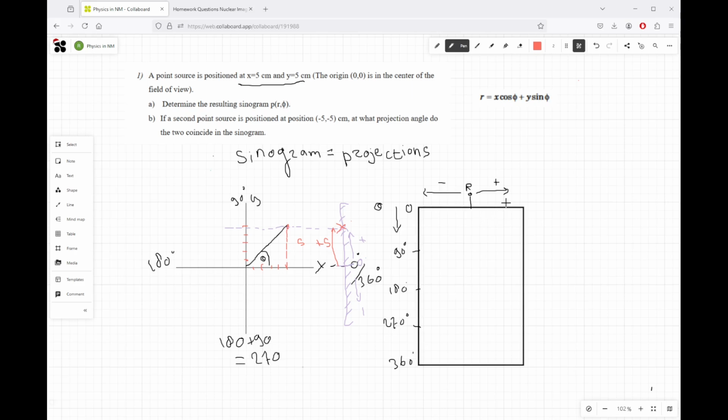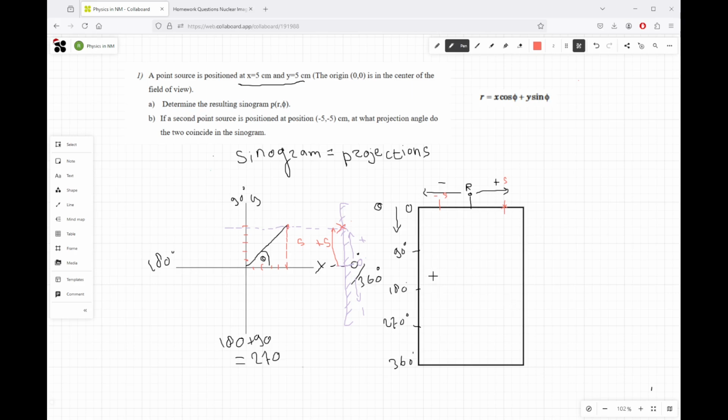Let's say this line right here is 5, and over here we have minus 5. So right here we have a mark. This is our first projection of our point source.